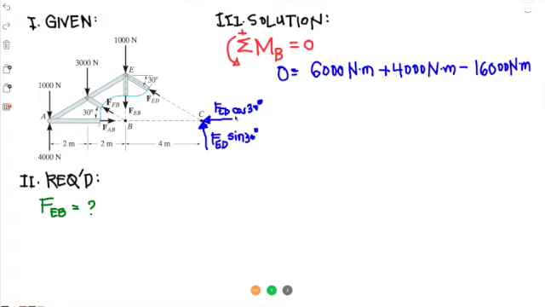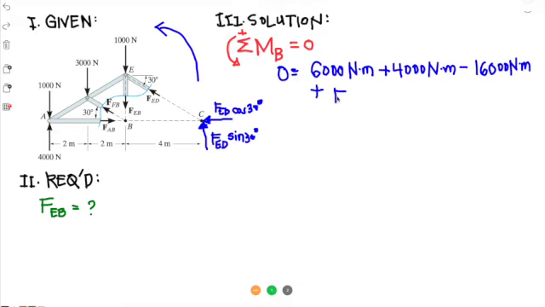Okay, so FED cosine 30 will not do any moment since it's going to pass through point B. And FED sine 30 will do a counterclockwise moment. It's going like that. Okay, so it's doing a counterclockwise moment, so it's positive, so that's plus FED sine 30 times 4.